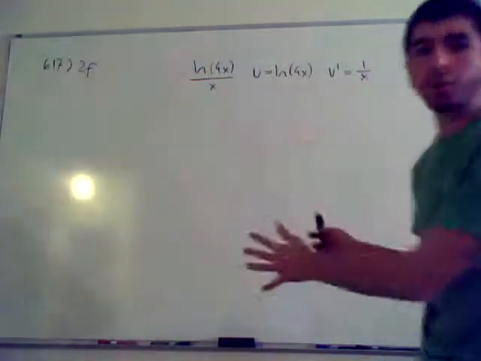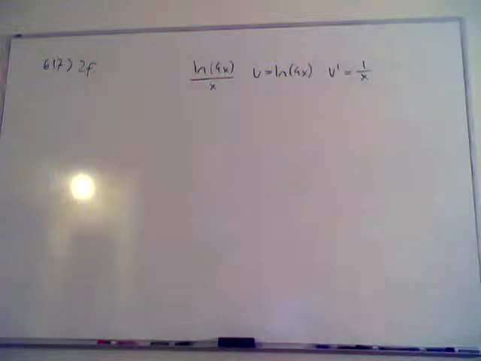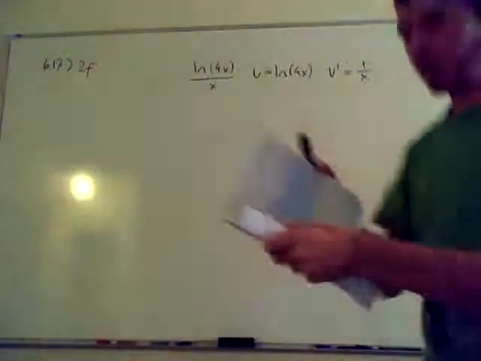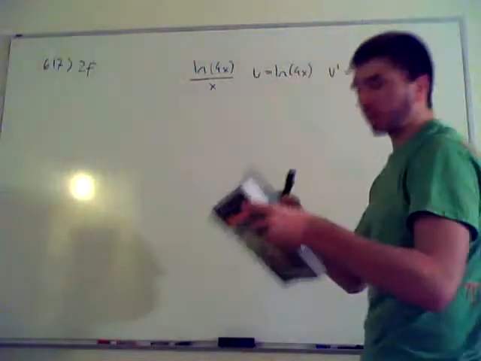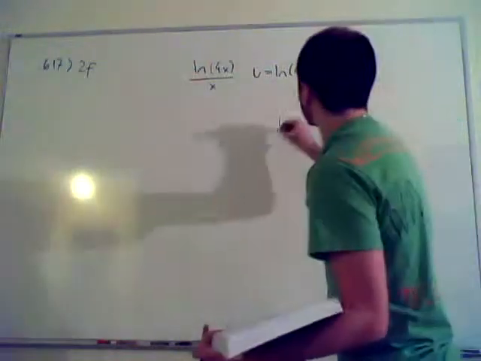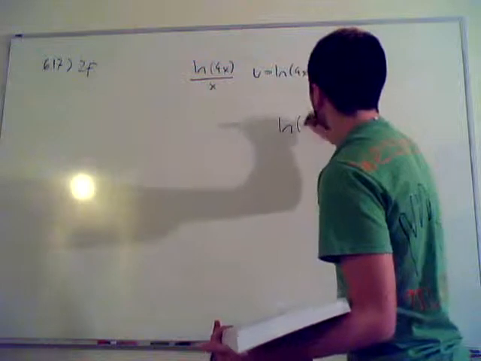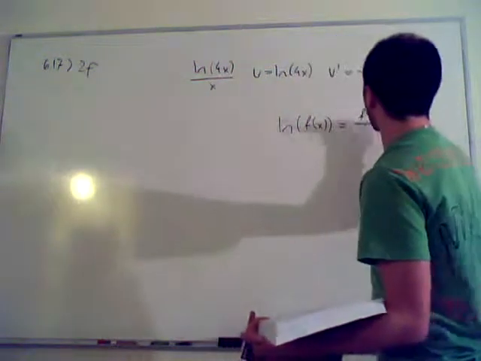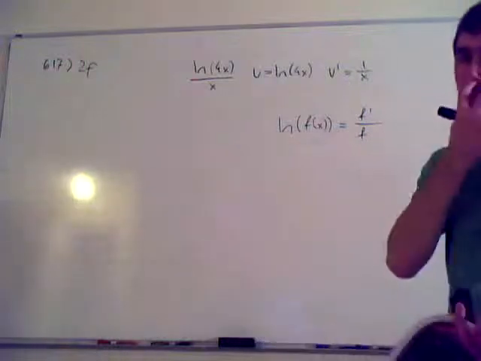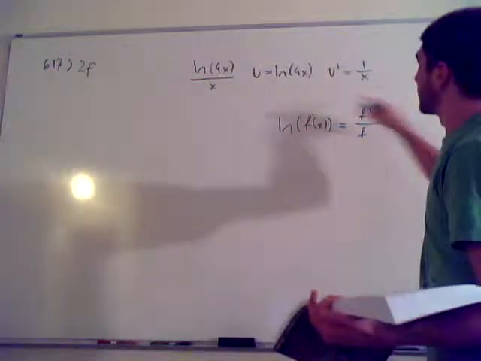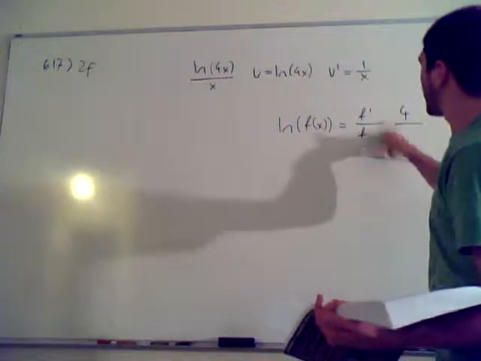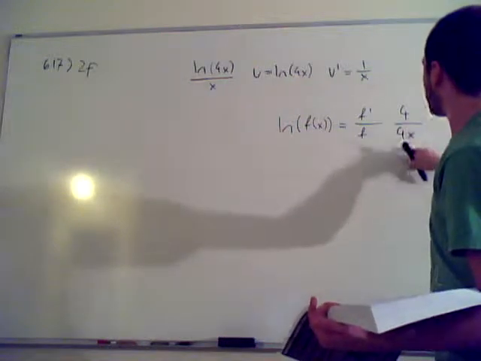Because, yes, it's 4x. I'm going to show you something real quick, okay? Again, it says natural log of x equals 1 over x, right? And natural log of f of x equals f prime over f, both of x. So, check this out. You've got 4x. What's the derivative of 4x? 4, right? Over f of x, which is 4x.